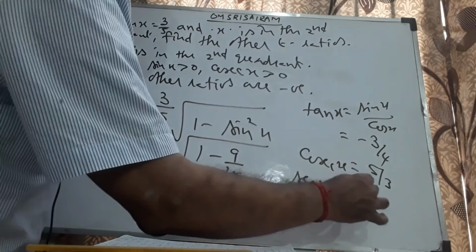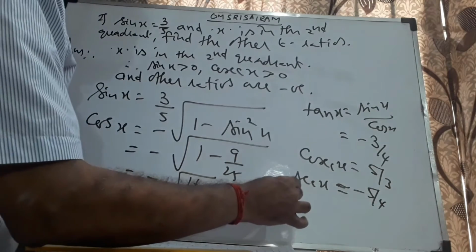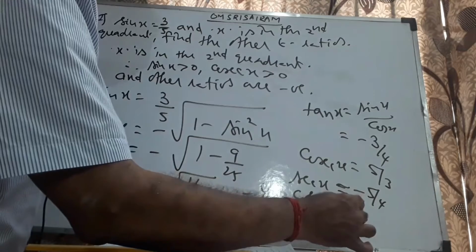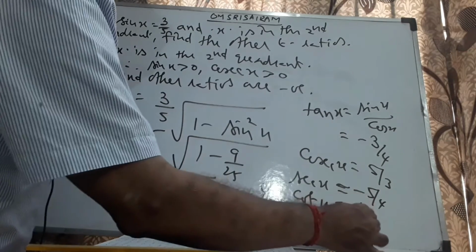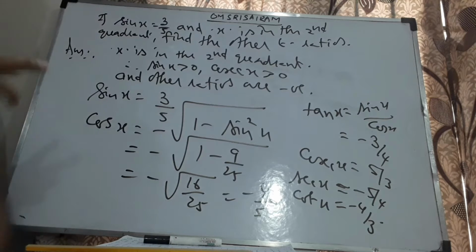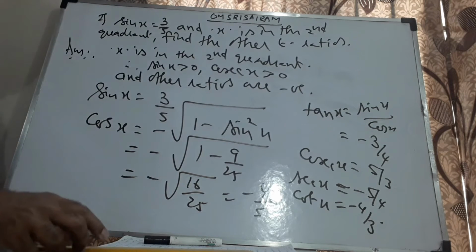Therefore, it will be minus 5 by 4. And of course, cot x will be reciprocal of tan x, which is minus 4 by 3. You will get sine and cosecant to be positive, the rest to be negative automatically.